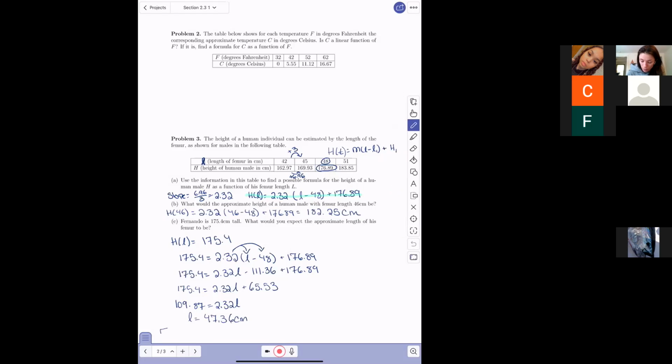So Fernando's femur is 47.36 centimeters long. Okay. Any questions on that one?